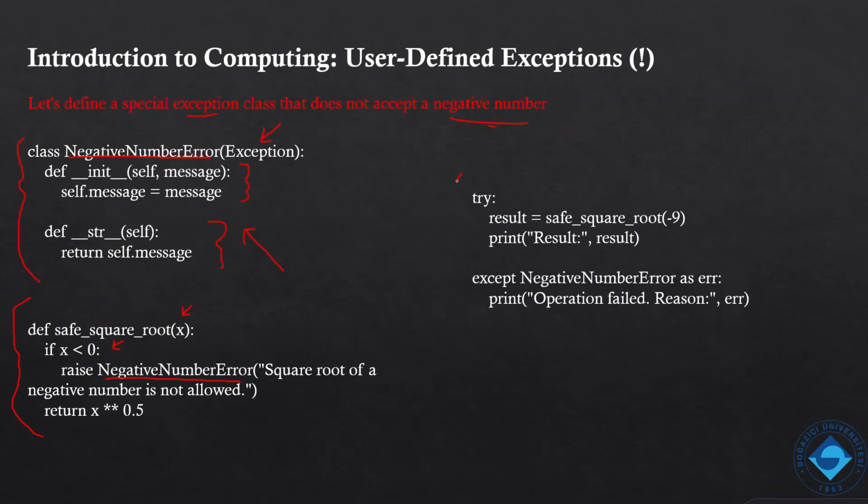Okay, I write my try except block here. I send -9 to my function, so it will check if it is less than 0. As it is -9, it is going to raise this error and explanation.